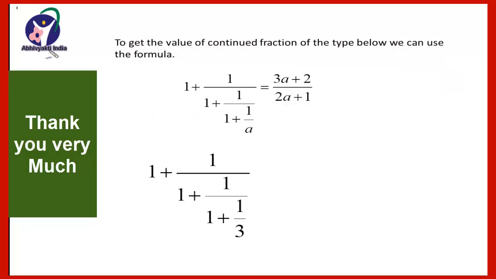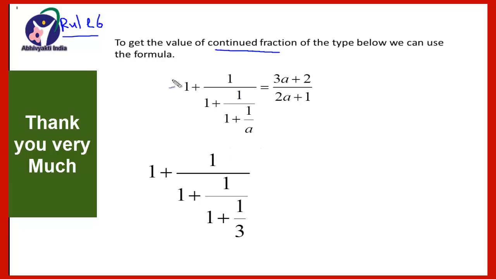Now this is rule number 6. To get the value of a continued fraction of the type below, we can use a formula. Suppose it is like that: 1 plus 1 upon 1 plus 1 upon 1 plus 1 upon a.